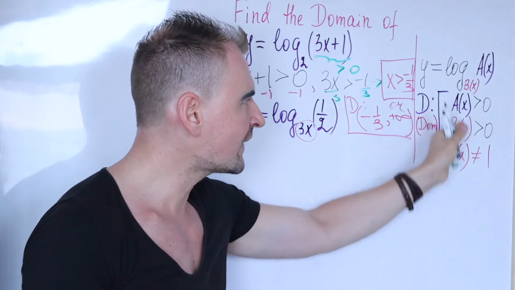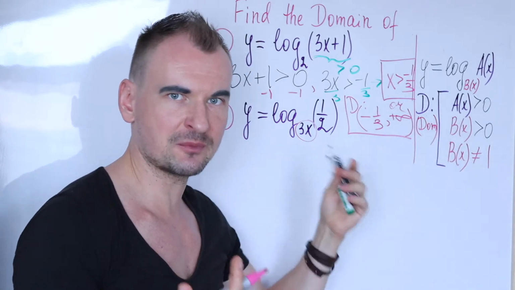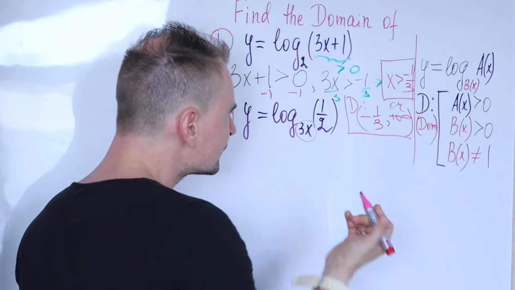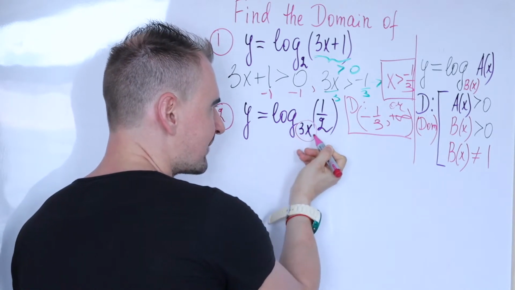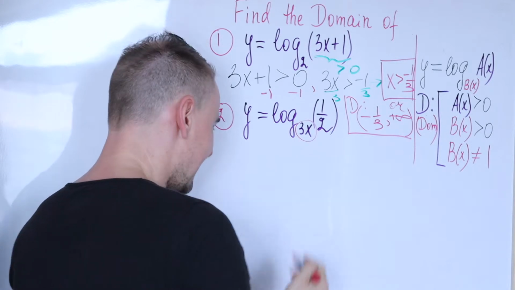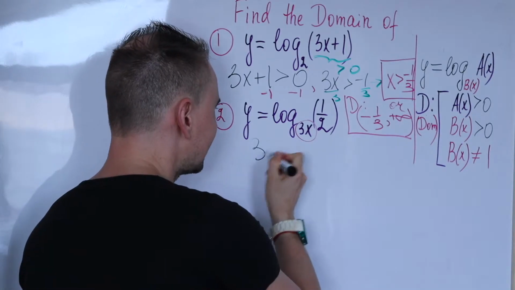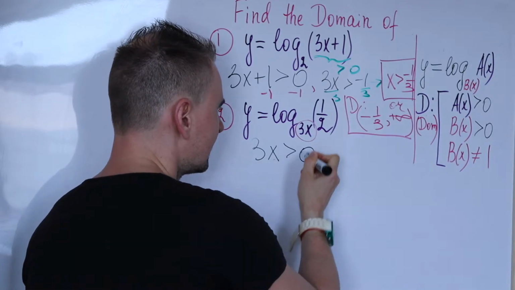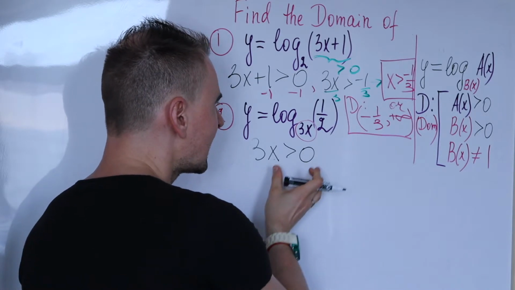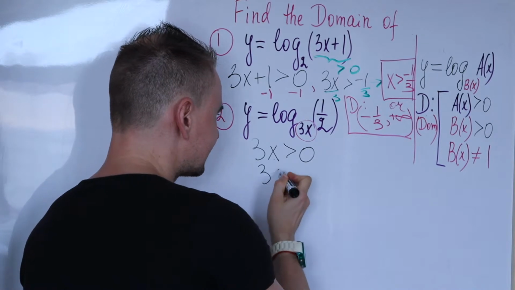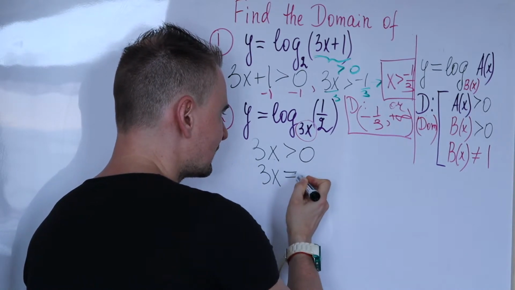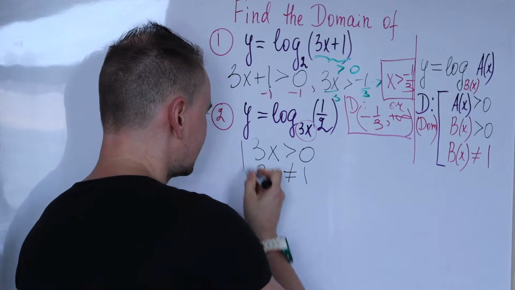Moving on to the next two restrictions for your domain. All you do is grab this base, namely 3x, and set it greater than 0, that's the first restriction, and you pull down the second restriction. Your base 3x has to be not equal to 1.